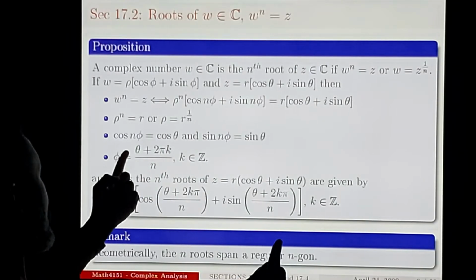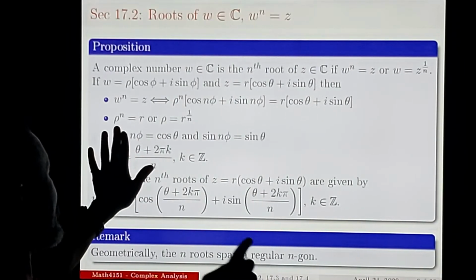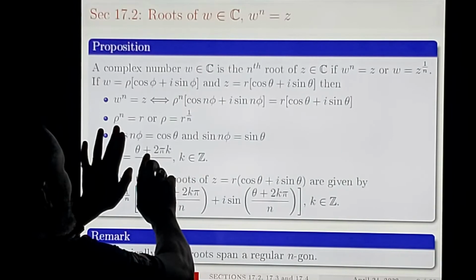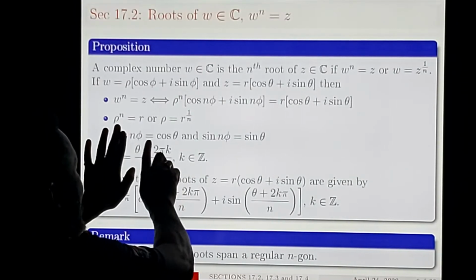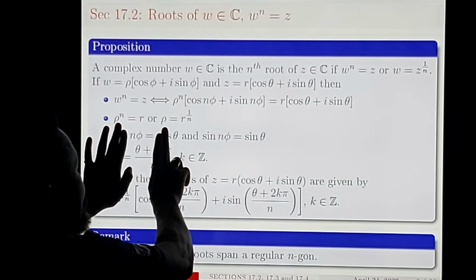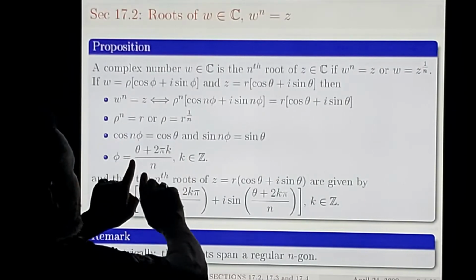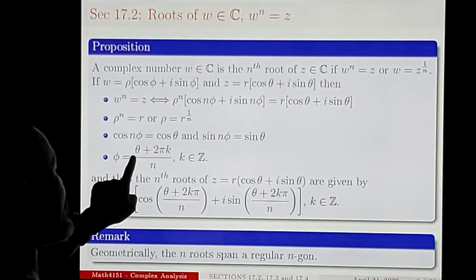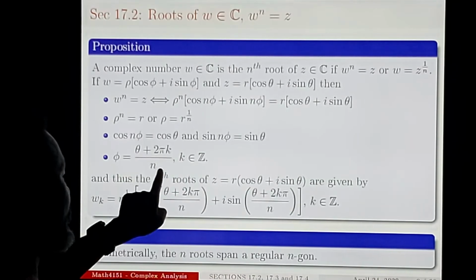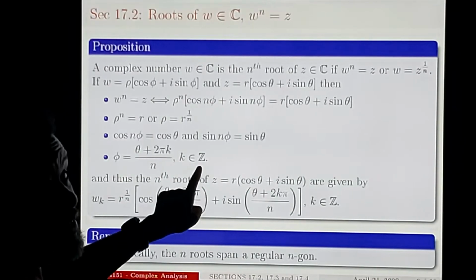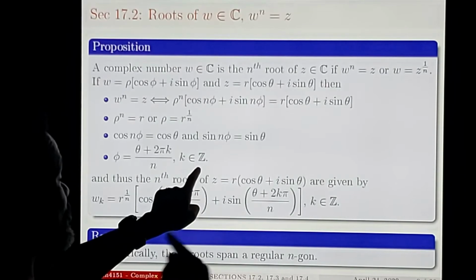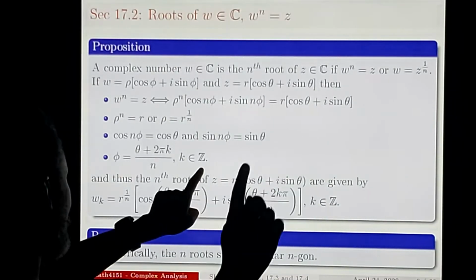You can just say, n phi equals theta, but theta is periodic, so phi will be theta over n, but since theta is periodic, phi is theta plus 2 pi k over n, where k is an integer, 0, plus or minus 1, plus or minus 2, plus or minus 3, and so forth and so on.